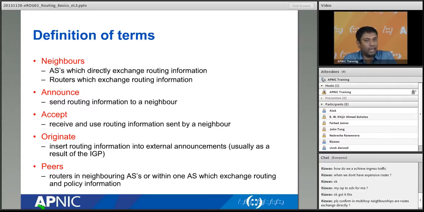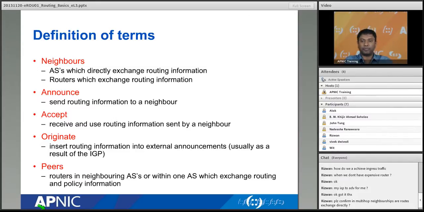Announcement does not necessarily mean that particular router owns the prefix. They can announce someone else's prefix if the policy permits. Okay. Accept means when the prefix announcement comes, that router to whom the prefix announcement came is accepting that announcement into their router. That's what we call accept, right?